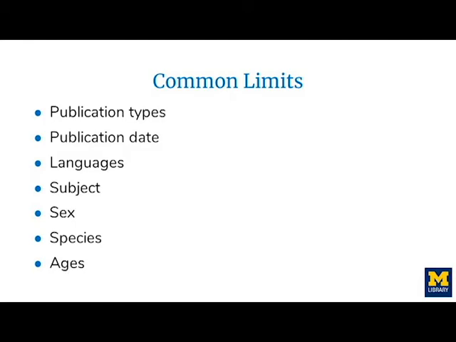You can also limit to publication dates, language, sex, subject. I would stay away from subject. I would allow the search to speak for you. Species, so for instance, if you're doing more of a basic research type of topic and you are looking at breast cancer in human women, you may want to remove mice, rabbits, because so much laboratory research also takes place.